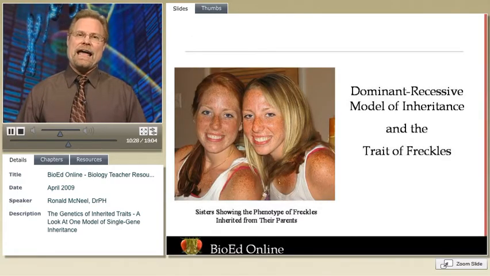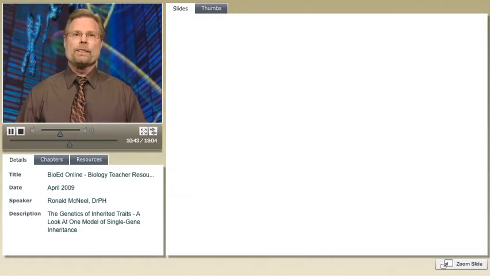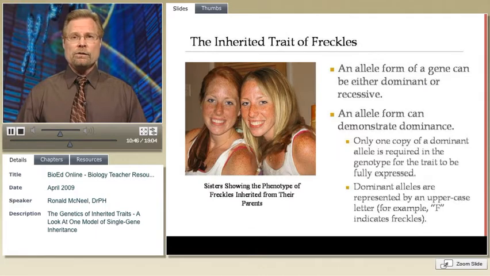To illustrate how an offspring inherits traits from his or her parents, we will use the dominant recessive model of inheritance and apply it to the trait of freckles. Just be aware that there are other inheritance models. In our model, an allele form of a gene can either be dominant or recessive.